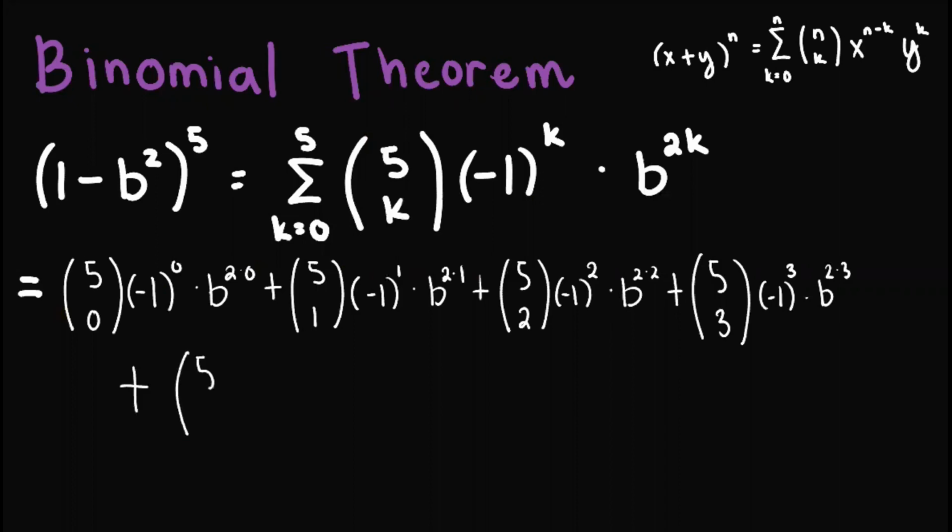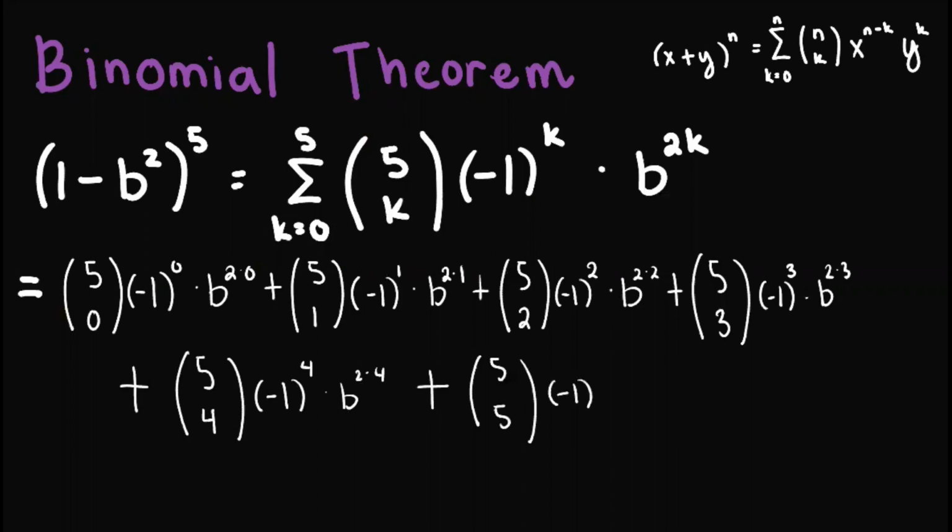plus 5 choose 4 times negative 1 raised to 4 times b raised to 2 times 4, and lastly 5 choose 5 times negative 1 raised to 5 times b raised to 2 times 5.